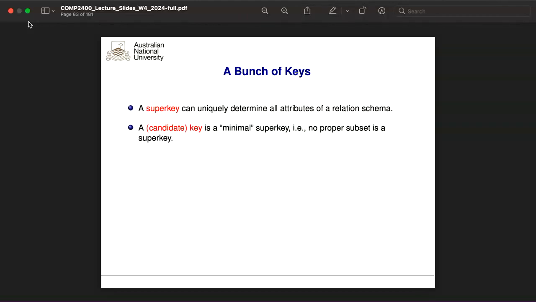A candidate key is a super key, but it's minimum. Minimum in the sense that if we remove any attribute from a candidate key, then the remaining ones cannot determine the other attributes.